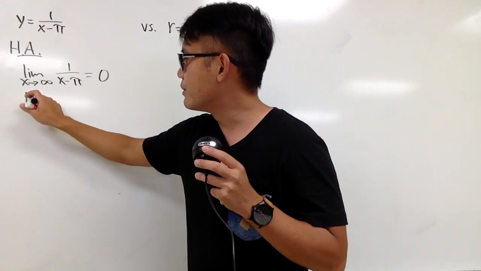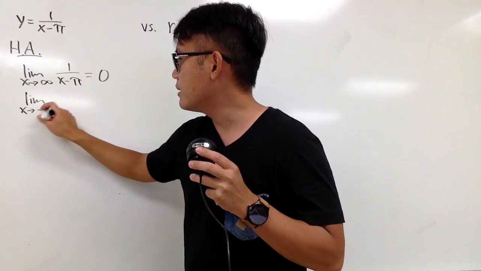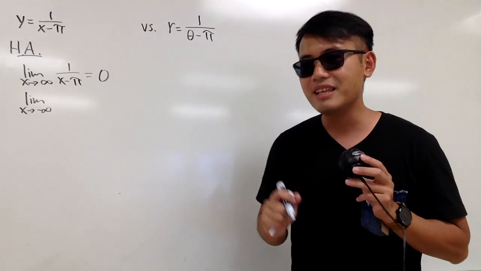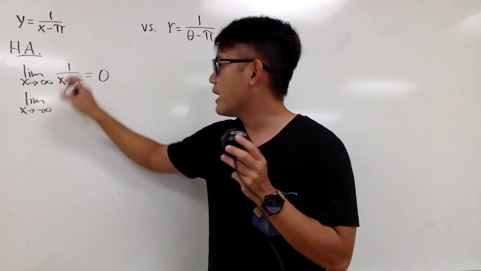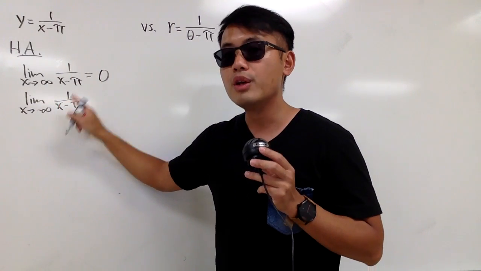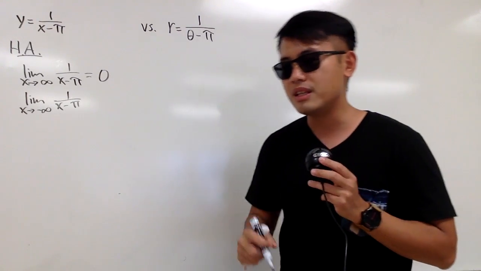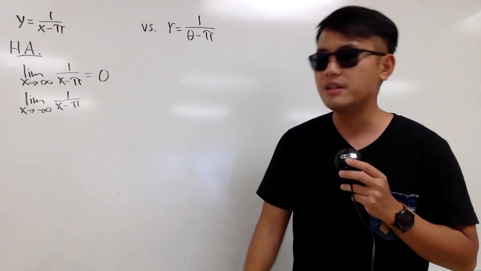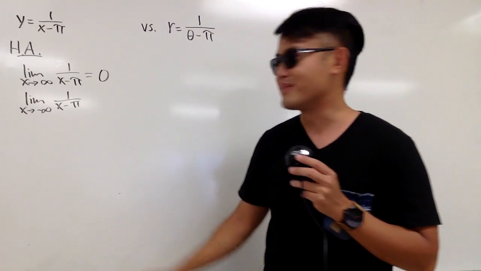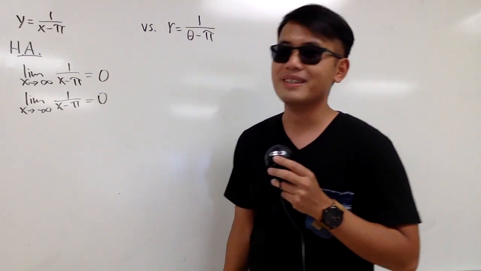And you also have to do the negative version, just in case sometimes you end up with two horizontal asymptotes, just like the inverse tangent graph. But in this case, if you plug in negative infinity down here, you get 1 over negative infinity minus pi, which is still 1 over negative infinity. If you want to say that's negative 0, okay, fine, whatever. But I will say this is still equal to 0.